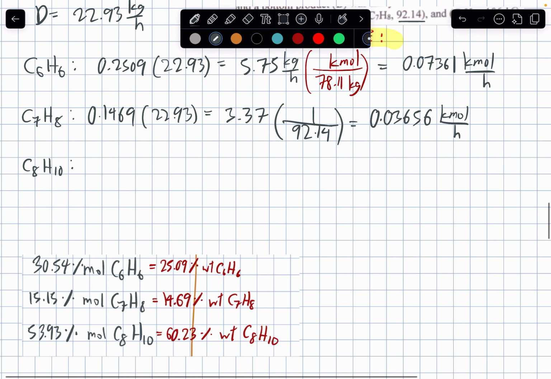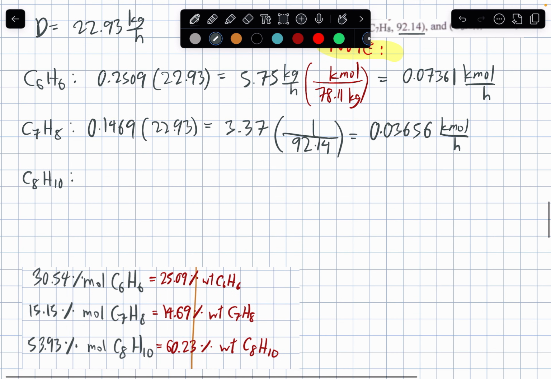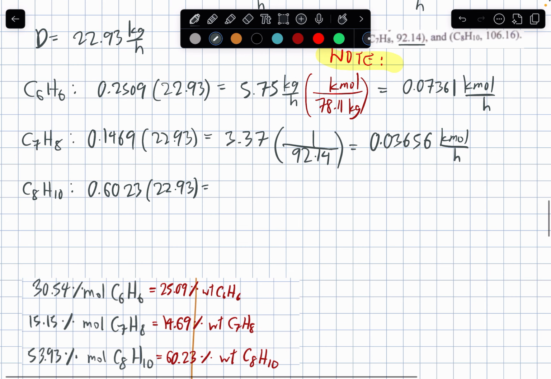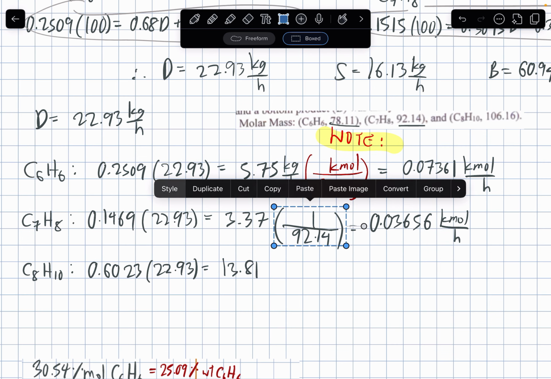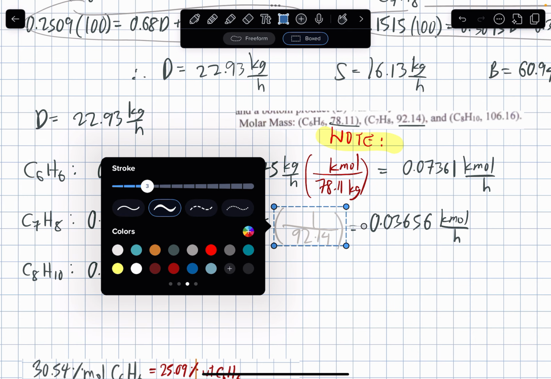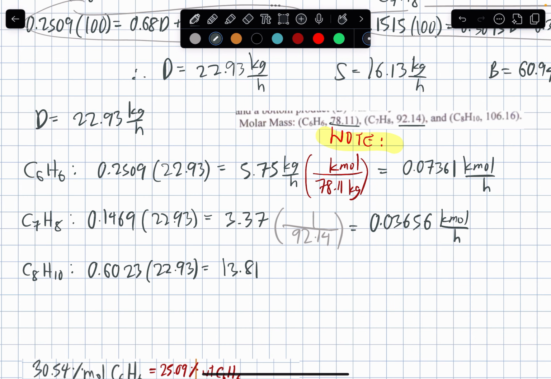Okay, the next is 0.66023 times 22.93 equal to 13.81. Let's write this in gray because that did not originally come from here.